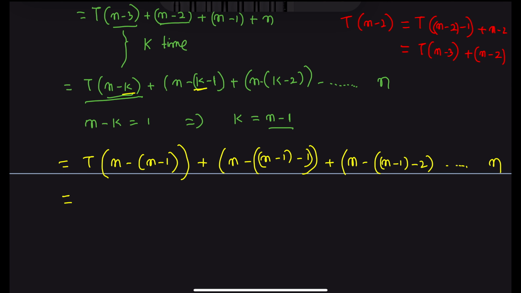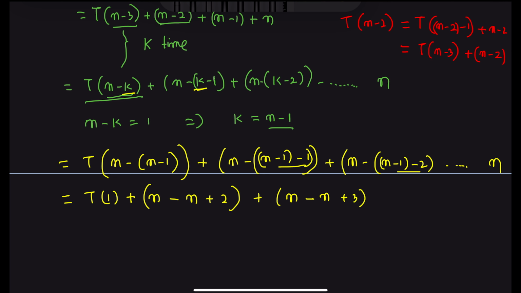Here you can see this n minus n will become 0 and we will be left with only 1. So here we get T(1) plus, let's solve it further. These two will become minus 2, so we can write it as plus 2 here. Next we will get n-(n-1)+3, which becomes 3.